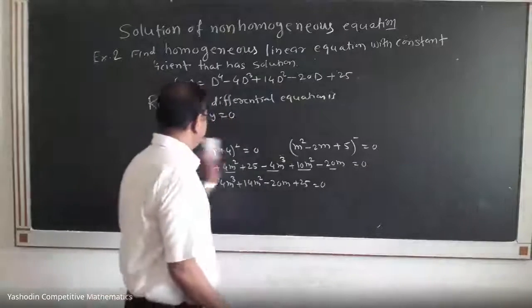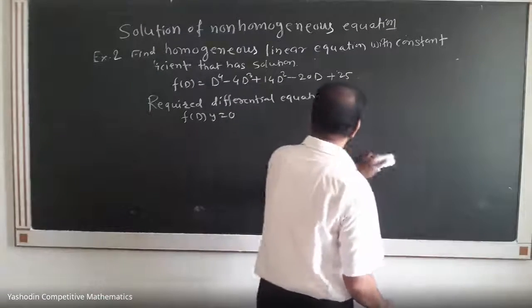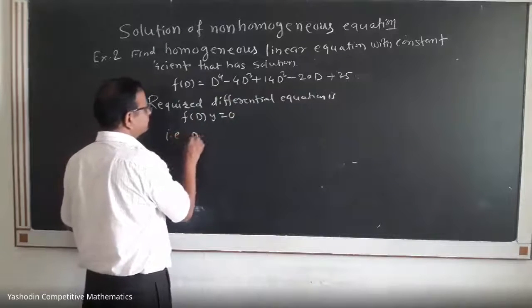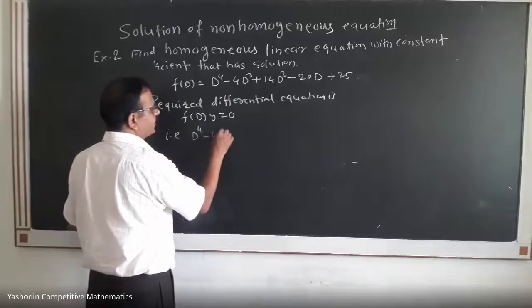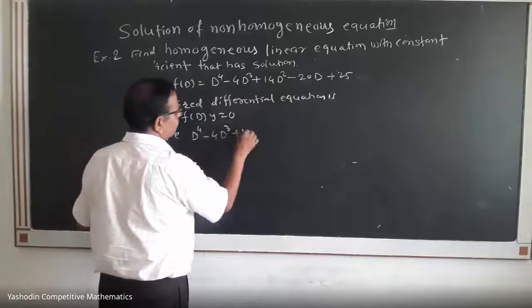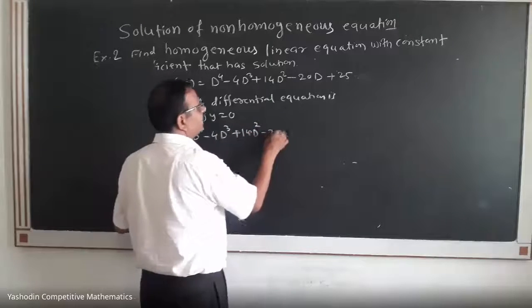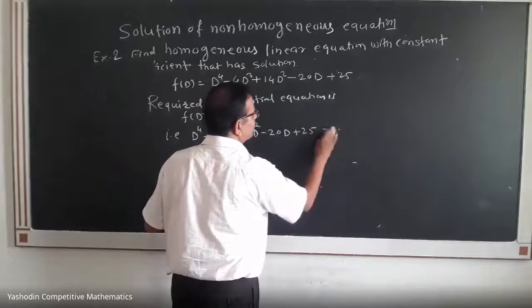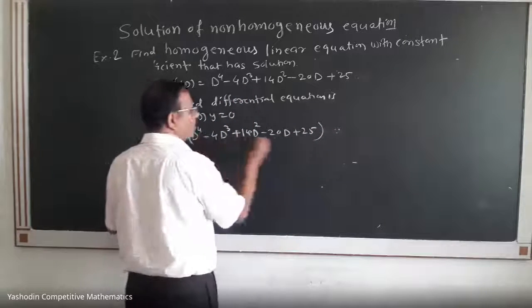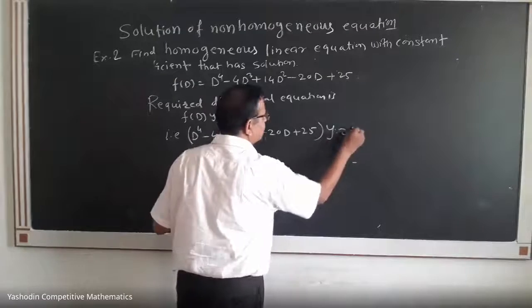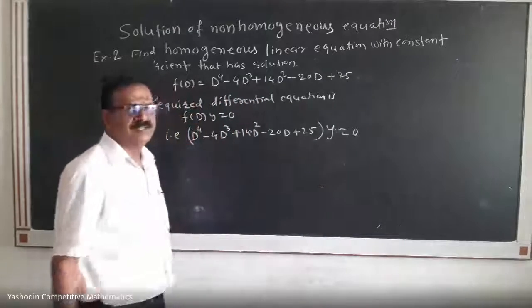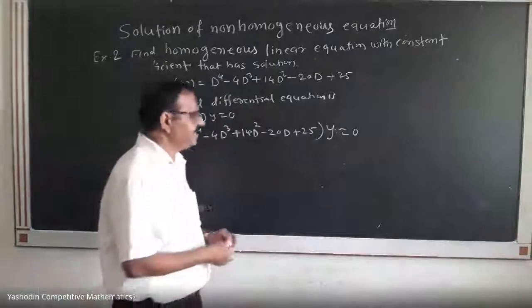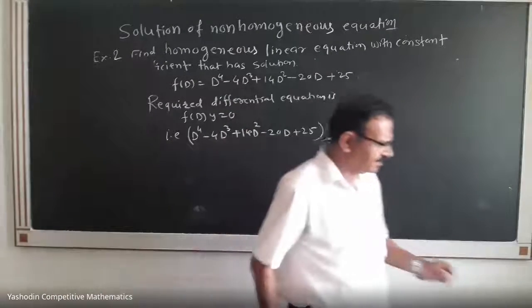That means (D raised to 4 minus 4D cube plus 14D square minus 20D plus 25) y equal to 0. This is the required differential equation, which is linear and has constant coefficients.